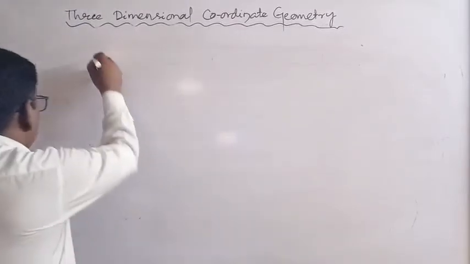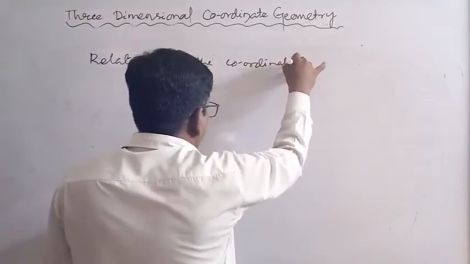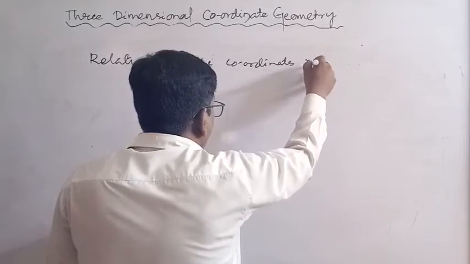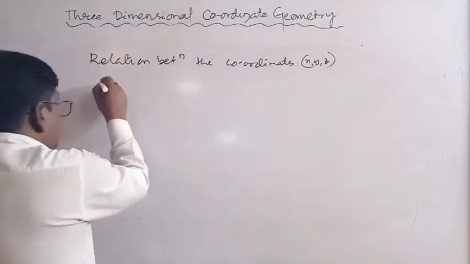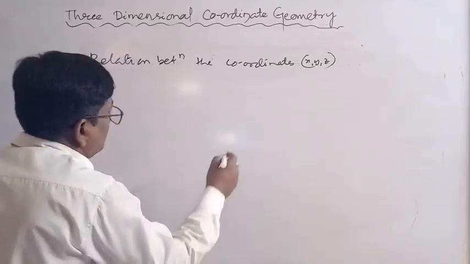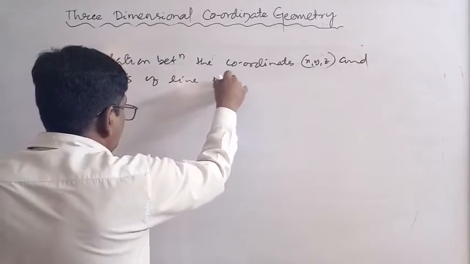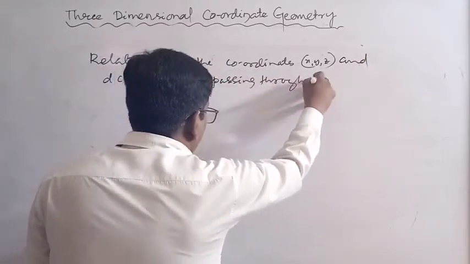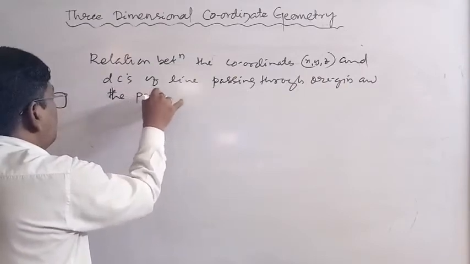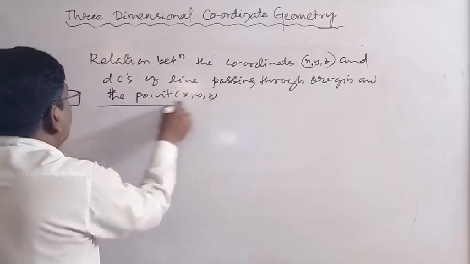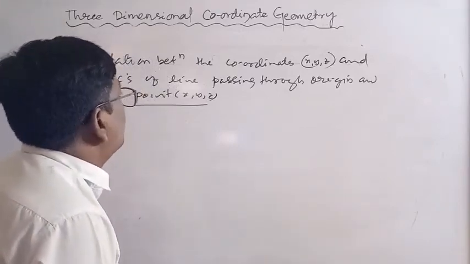The relation between the coordinates x, y, z and the DCs of the line passing through the origin and the point x, y, z.